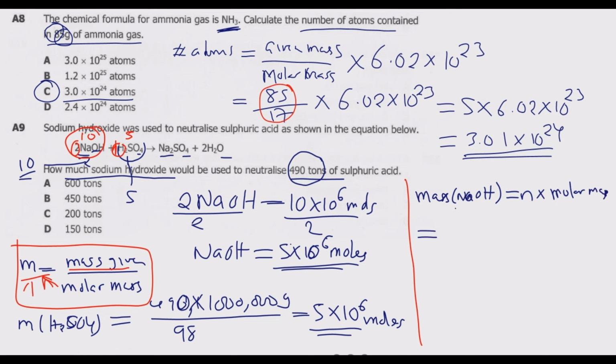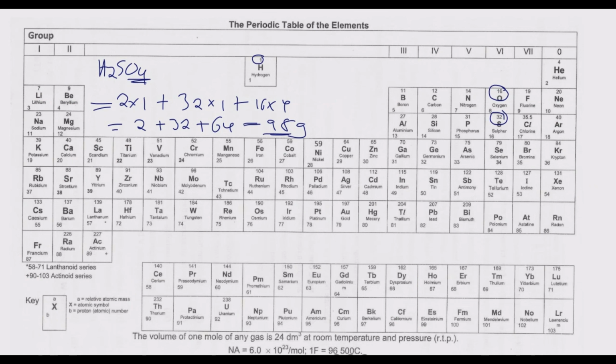The number of moles is 5 multiplied by 10 to the power 6. Then we need to find the molar mass of sodium hydroxide. So let us go to the periodic table.